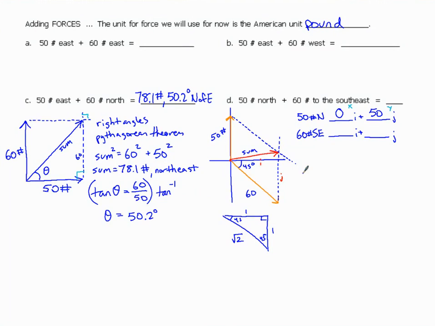So when we're looking for J, from this angle, the opposite over the hypotenuse. Sine is opposite over hypotenuse. So what we have is the sine of 45 degrees equals J over 60.